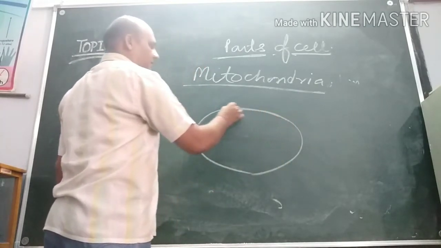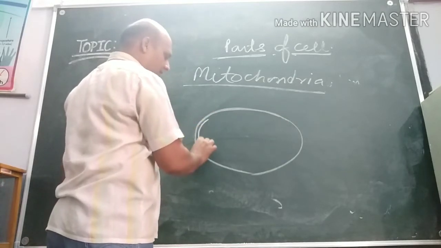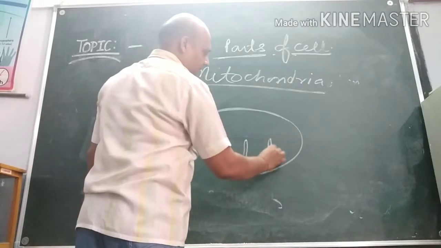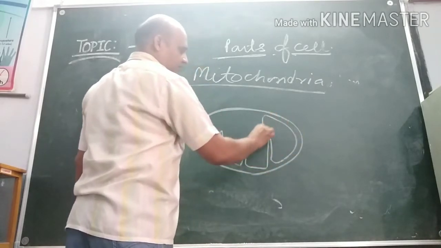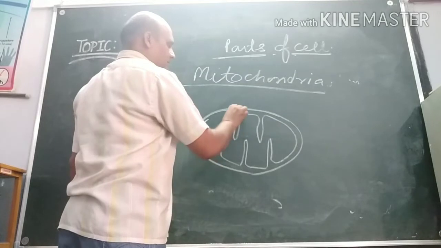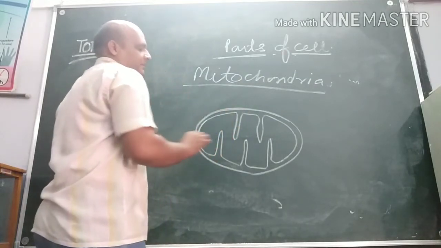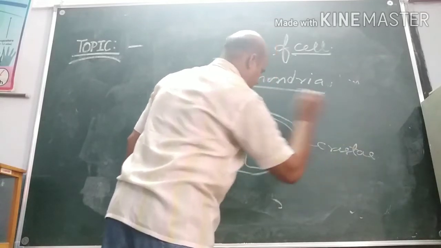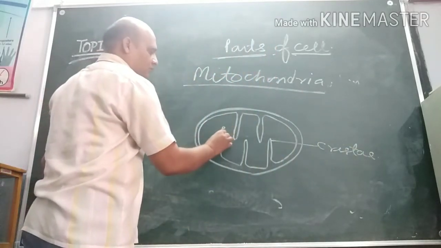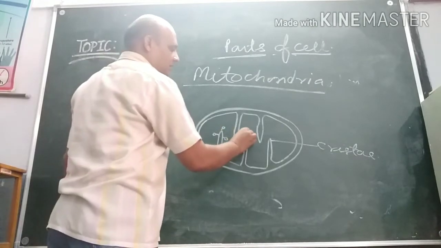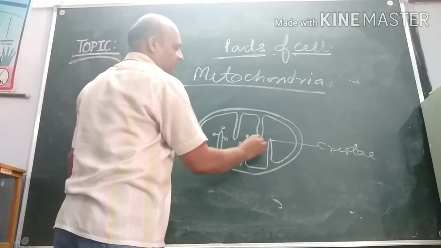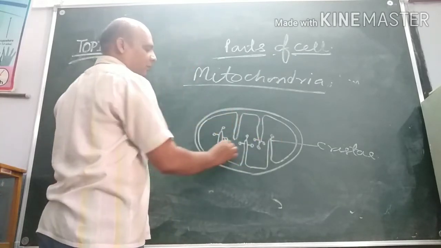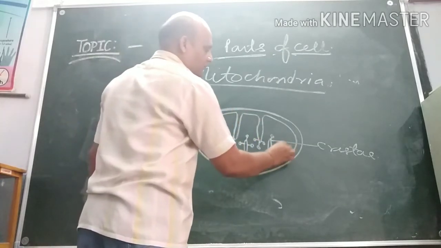The outer membrane is smooth, whereas the inner membrane is folded in various regions and forms finger-like structures known as cristae. The cristae are composed of oxysomes, which help in the oxidation of food. It has its own DNA and ribosomes.